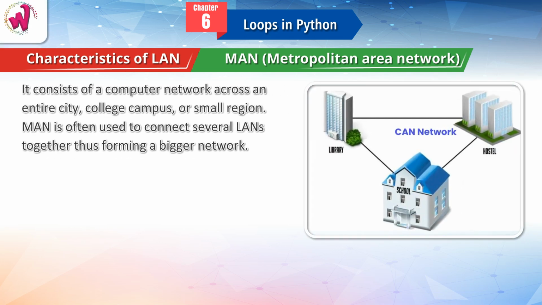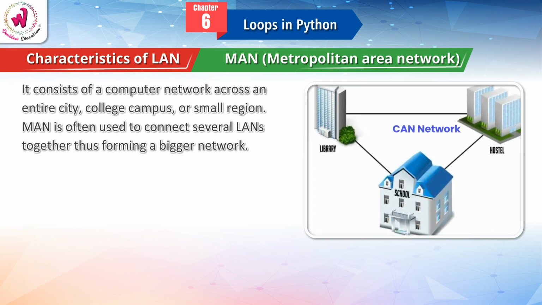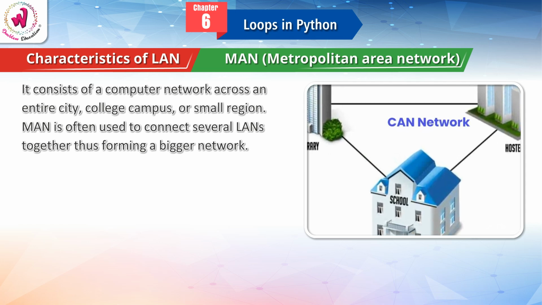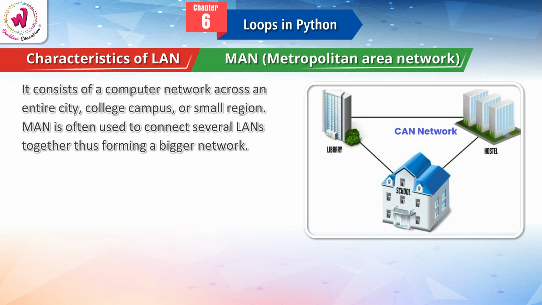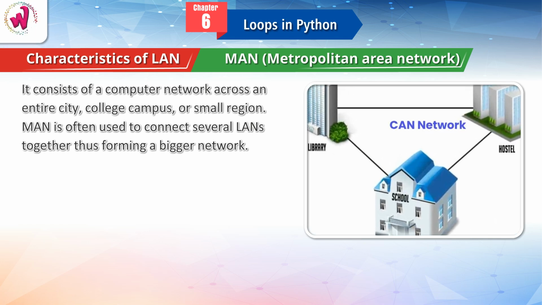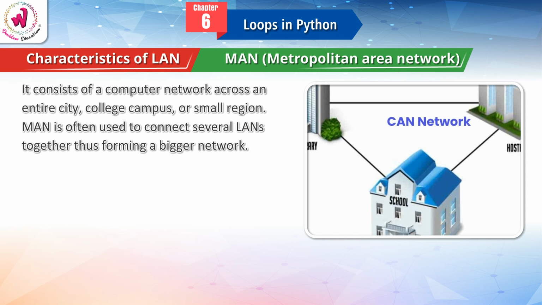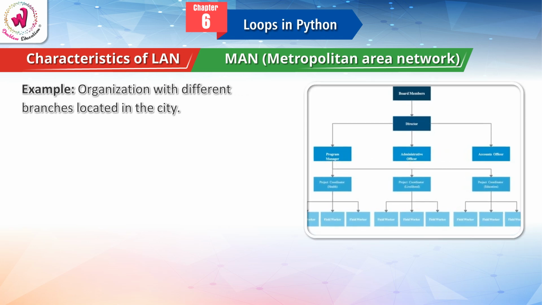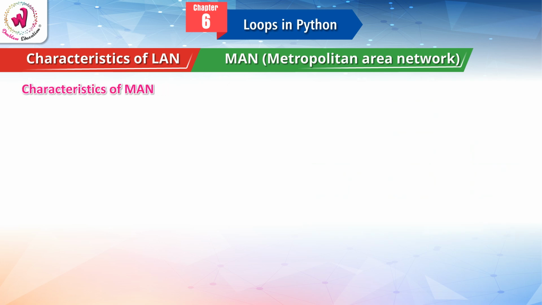It consists of a computer network across an entire city, college campus, or small region. MAN is often used to connect several LANs together, thus forming a bigger network. Example, organization with different branches located in the city.